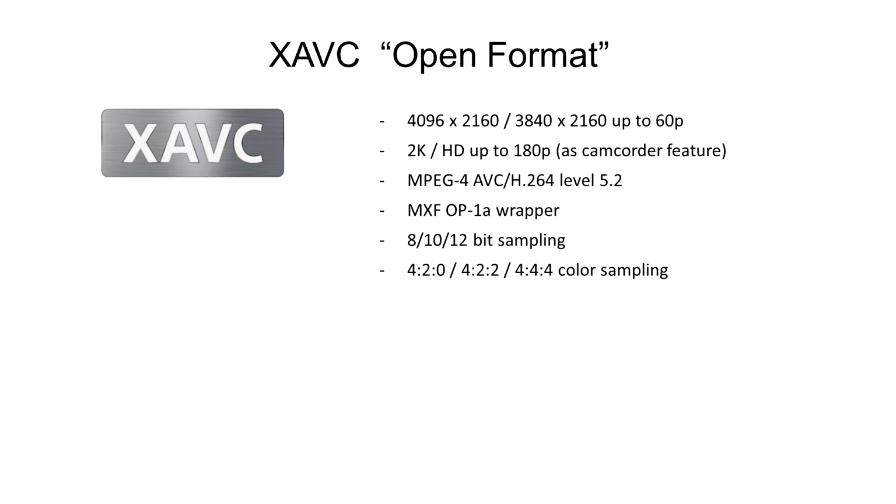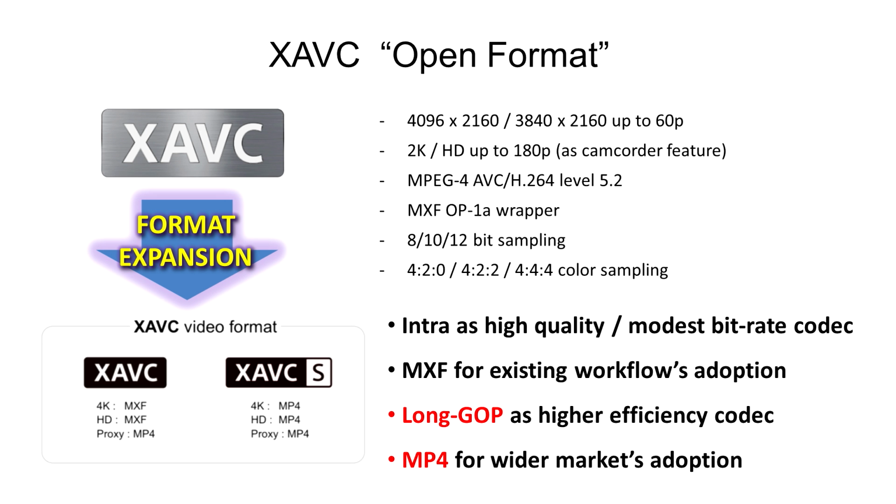We began with an XAVC specifically designed for professional applications, but we are now also opening to consumer applications, and we're going to signal the use of XAVC in the consumer space by using the name XAVC-S. This XAVC-S will be limited to 4:2:0 and it's long GOP.